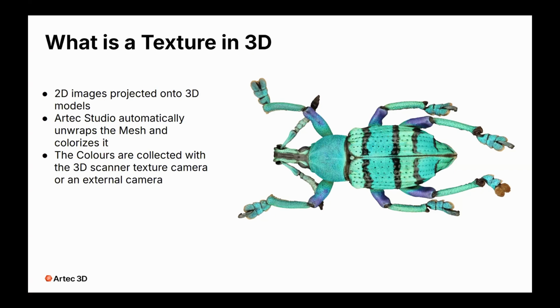So texture is simply a 2D image, like a photo, which is being projected onto our 3D mesh, onto our model. And texture mapping is used for that.